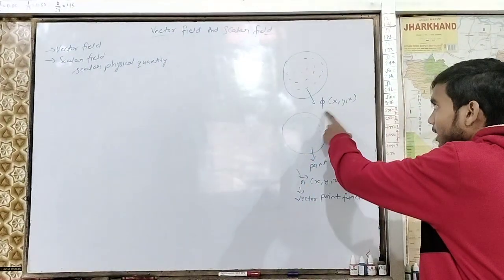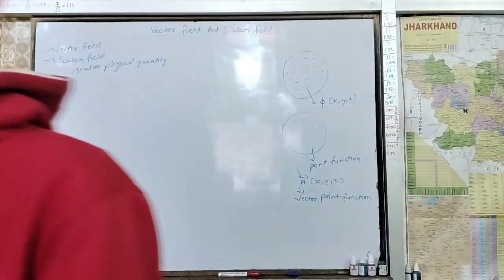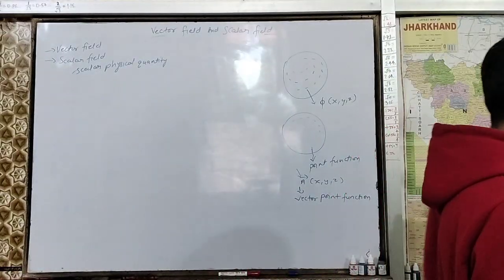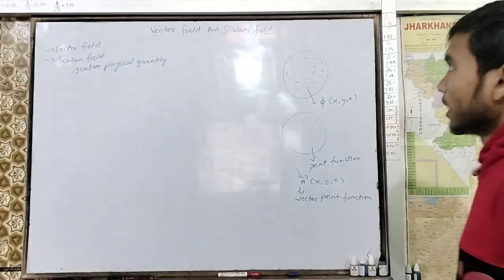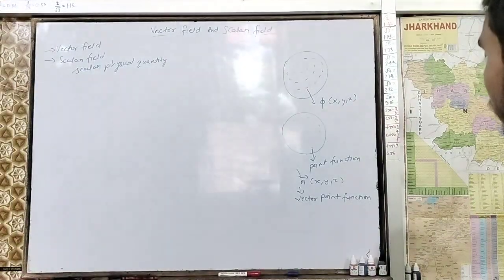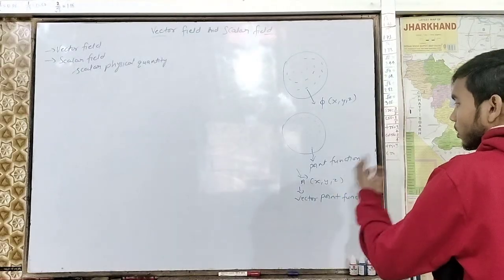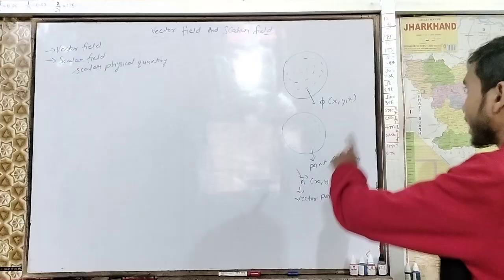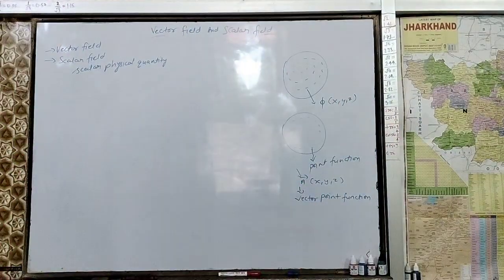But if the function is phi, then you will understand that there is a quantity, a magnitude, present in a scalar field. From the phi you will understand a scalar physical quantity. Got it? So we will have coordinates of phi as well as coordinates of a vector. This x, y, z will tell you the location of a quantity, the location of a magnitude, the location of a direction.